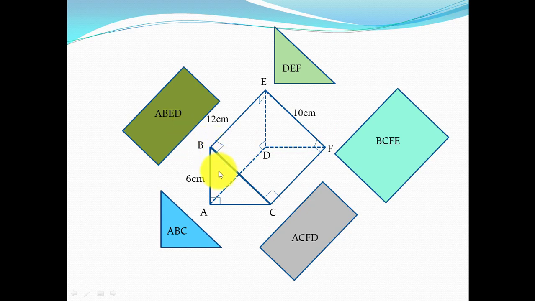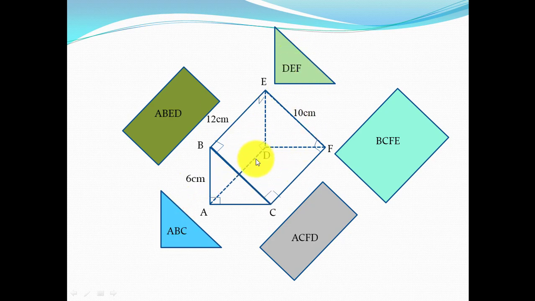But here each side of the prism has a different area except these triangles. You can see these triangles are the same, so these triangles have the same area.